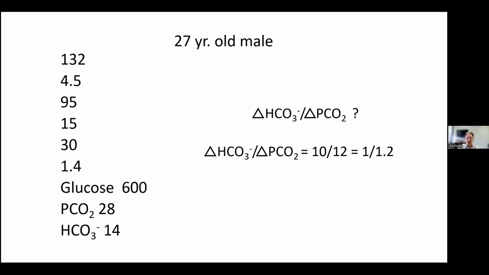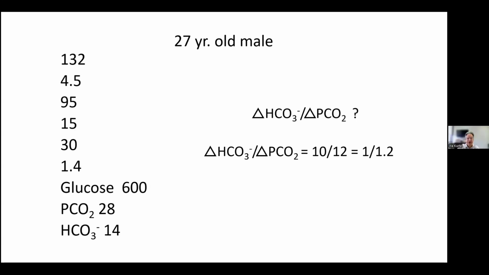What acid-base disorder has the change in both values almost the same number? And this patient, we don't know again what the patient's original numbers were, so we assume we're getting 10 to 12 or 1 to 1.2 by assuming 40 and 24, which is an assumption. Compensated metabolic acidosis.